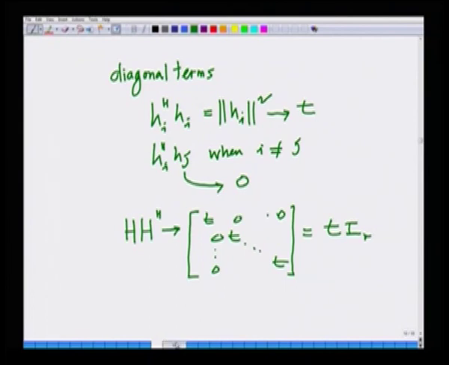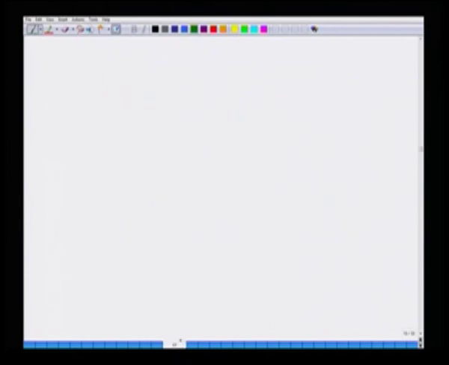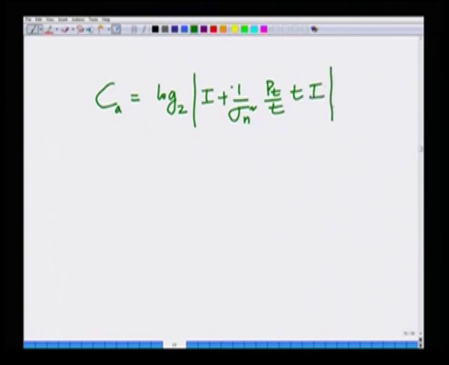So, I am going to take that and substitute it in the expression we had earlier, which is log 2 of the determinant of I plus P_t over T sigma_n squared H H Hermitian. Asymptotically, the capacity C asymptotic equals log 2 of I plus 1 by sigma_n squared P_t over T into H H Hermitian, which we said is T times identity.